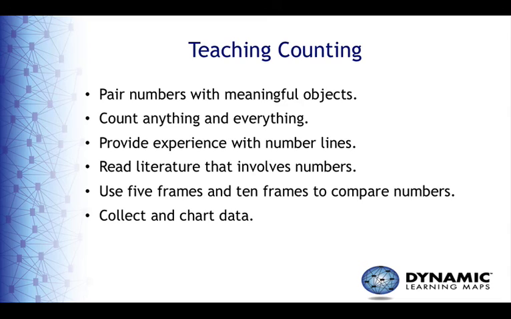As you begin to pair numbers with objects, it makes it possible to count anything and everything. You can also start to provide experience with number lines and choose books for shared reading that involve numbers. It's also helpful to use 5 and 10 frames to compare numbers. Finally, you want to engage students in collecting and charting data as often as possible.